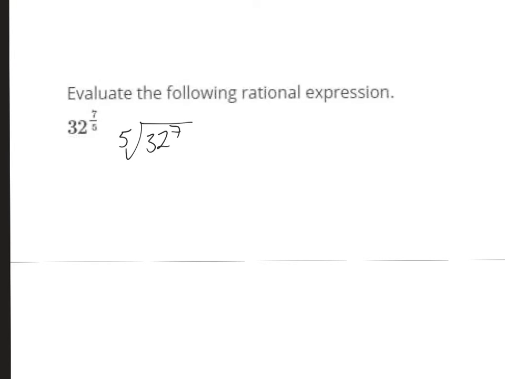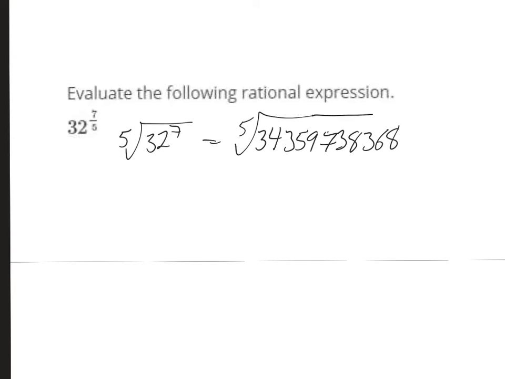Okay, 32 to the seventh power is 34,359,738,368. Now we're going to take the fifth root of that. The fifth root of that is going to give us just 128. You can do that on a calculator. You can use Desmos and type that in. It'll give you the same thing no matter what.